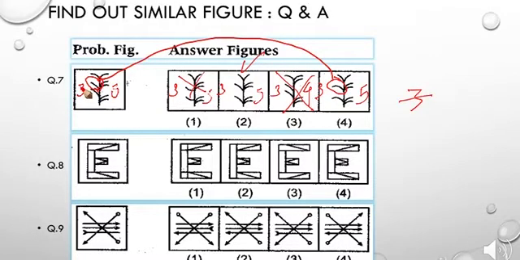Okay, so now we have rejected option 3, we have rejected option 4, we have rejected option 1 also. Now we are only left with option 2, which is going to be the answer. So question number 7 has the answer, which is option 2.